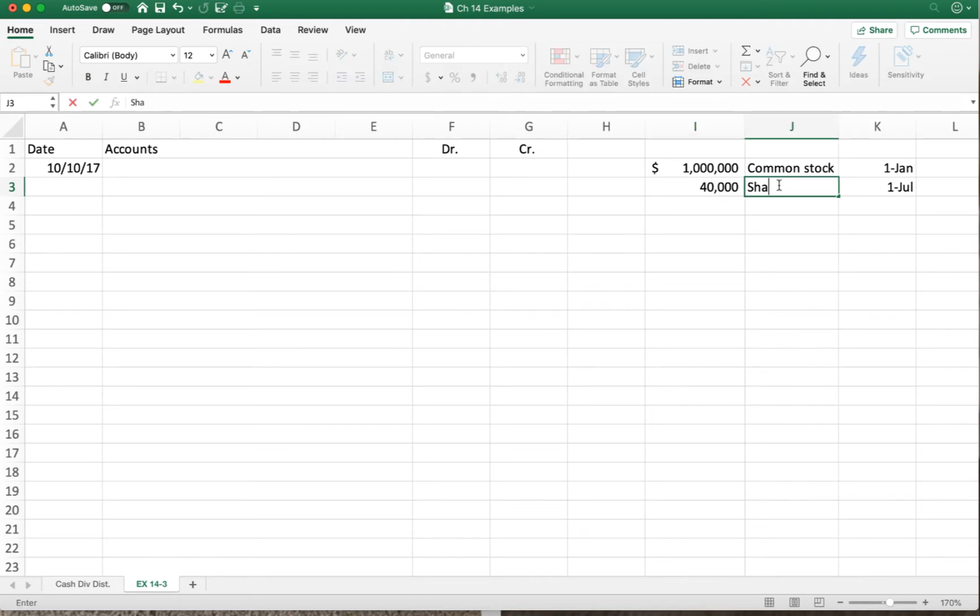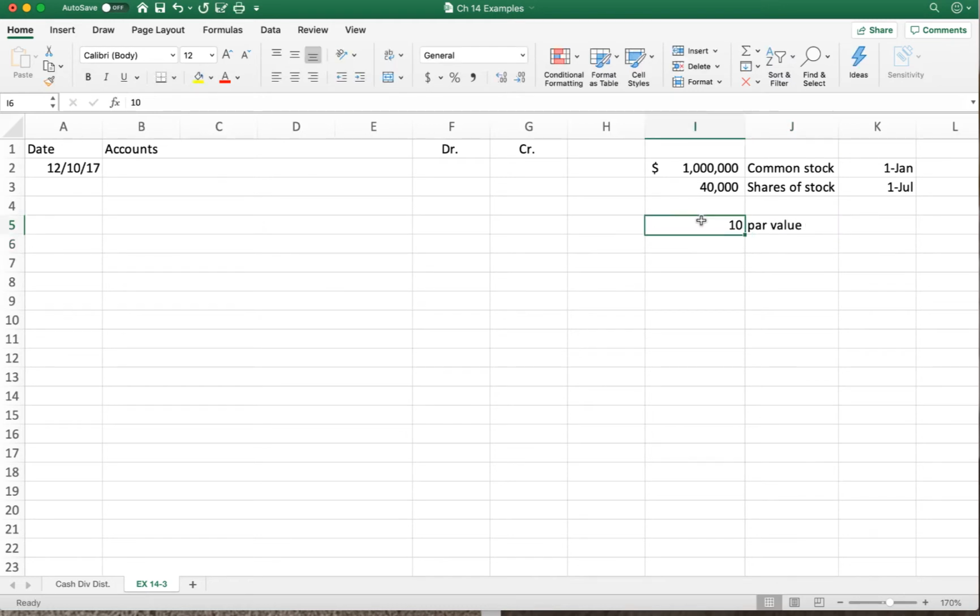Here, these are shares of stock. Okay? The problem here is we need to figure out on December 10th, should be 12/10, how many shares of stock are we paying out as a dividend? Super easy for us to do, okay? We know that in part A, the par value is $10.